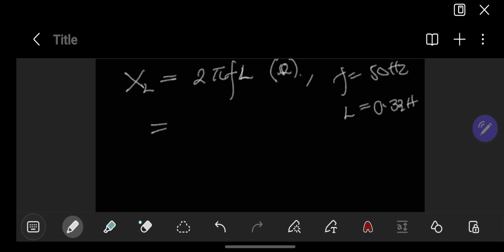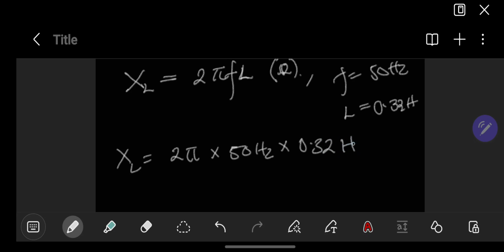Alright, so if we're going to calculate this, basically XL will be 2 pi times 50 hertz times 0.32 Henry. So if we use our calculator, we'll just take our pi as 3.142.